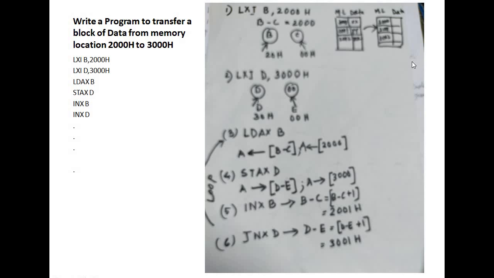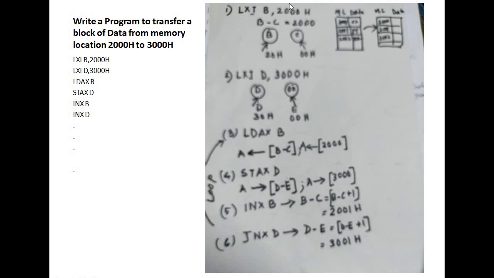So what type of addressing mode will we use here? We'll be using indirect addressing mode. See here, LXI B, first we'll initialize the memory locations. How to initialize them? LXI B 2000H. What will happen if I write LXI B 2000H?